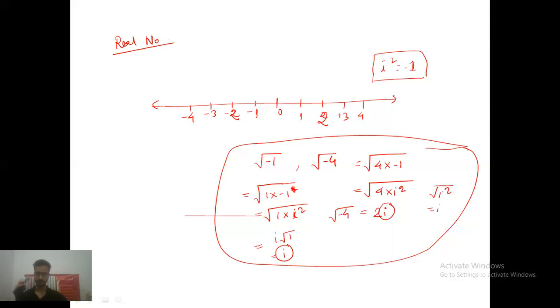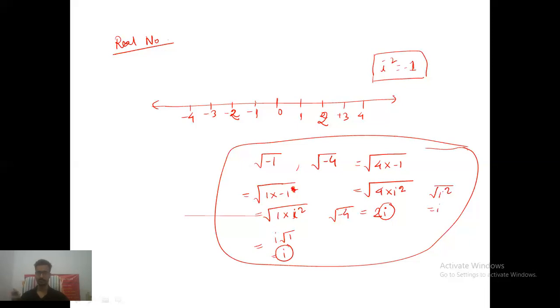So all of you write down the definition, I am dictating it. The numbers which we can plot in a number line are called real numbers. Clear?